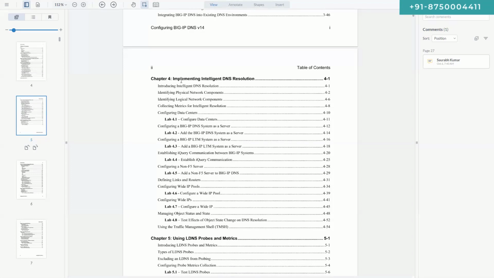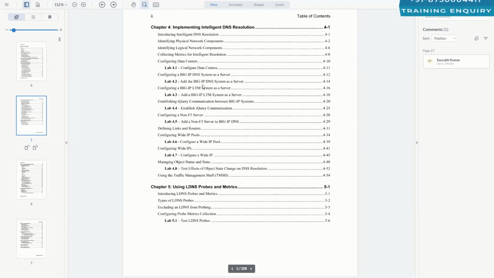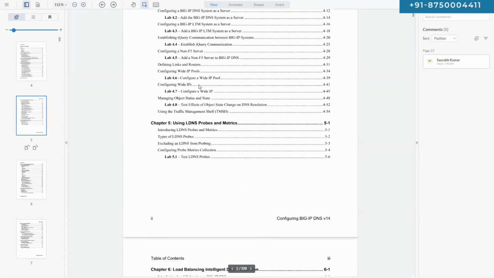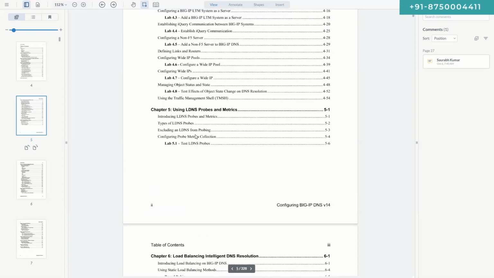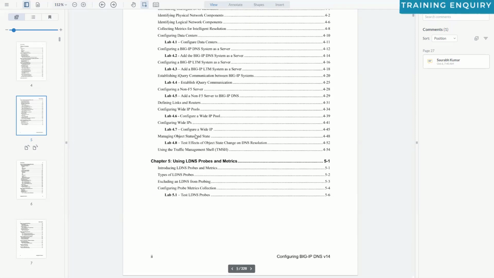That's where you learn about intelligent DNS resolution, and it explains why we actually use the BIG-IP DNS for name resolution. So chapter 4 is going to be really important for you. And then chapter 5 is, obviously, about some of the load balancing algorithms that BIG-IP DNS can utilize.